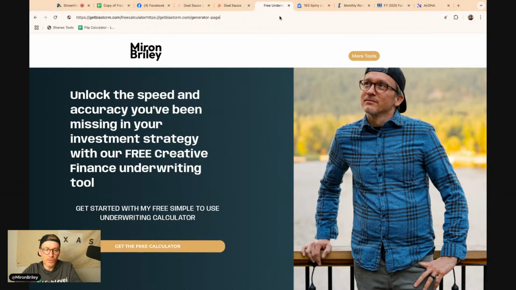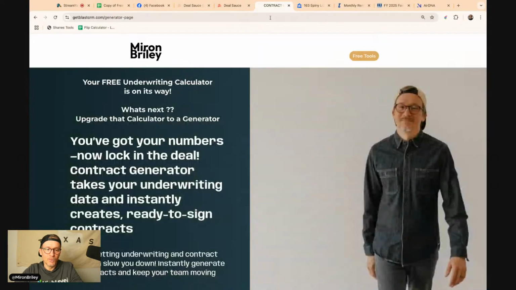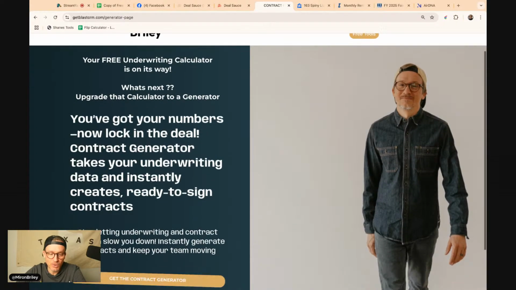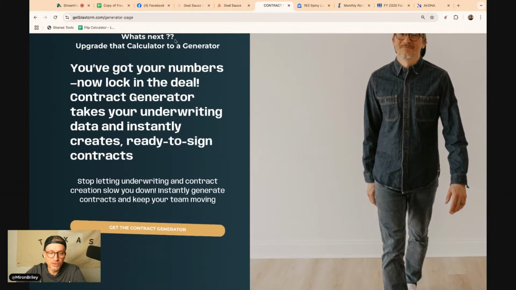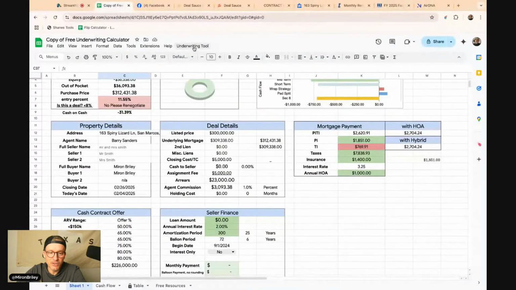I'm sure you all saw when you got your free calculator, it brought you to this page. You can turn this underwriting calculator into a contract generator.